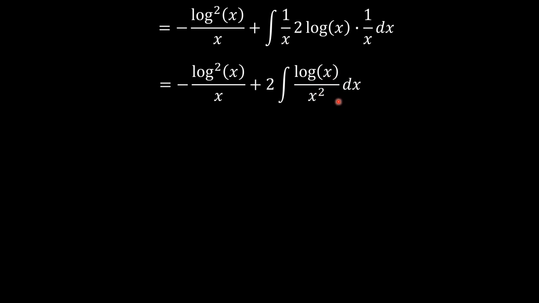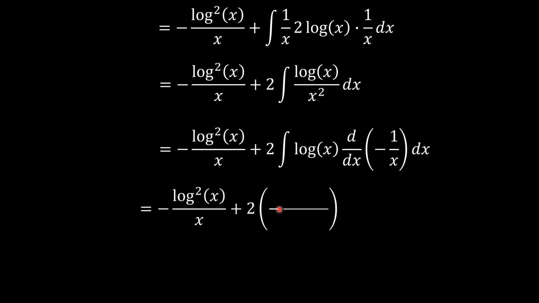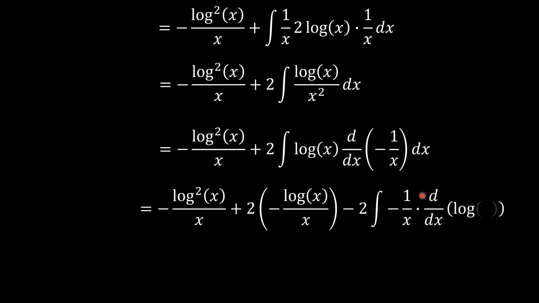Again, 1 over x squared is the same as the derivative of the negative of 1 over x, right? And then we repeat the same process of integration by parts, where our uv will be twice the negative of 1 over x times the log of x, and then minus twice negative 1 over x times the derivative of log of x.